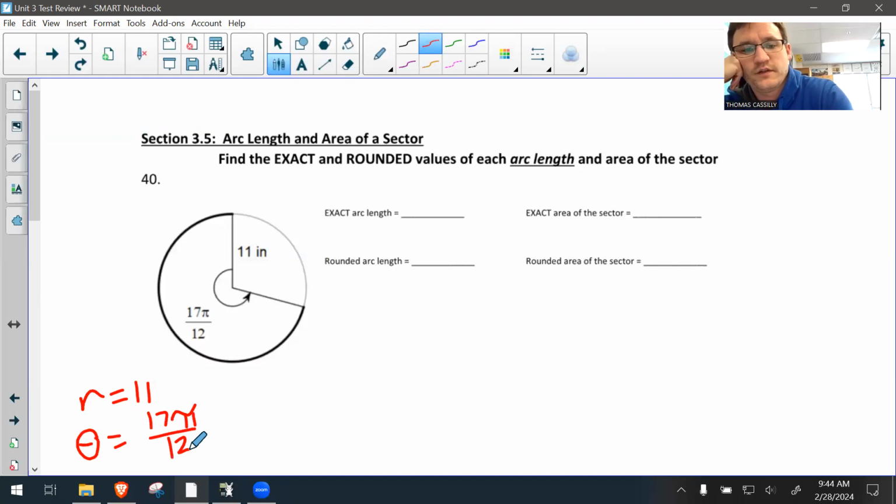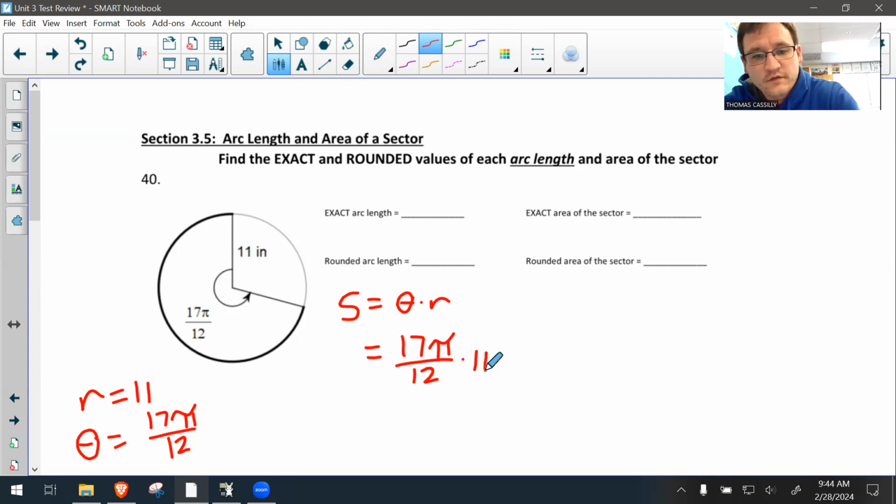The arc length S is just theta times r. Plug everything in: 17 pi over 12 times 11. Let's punch all that into our calculator.